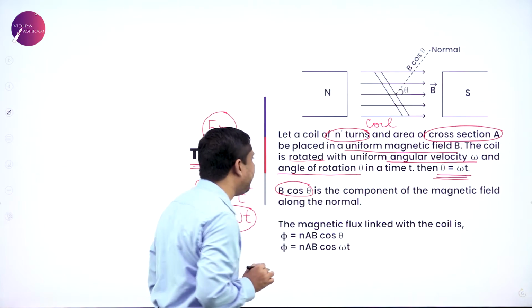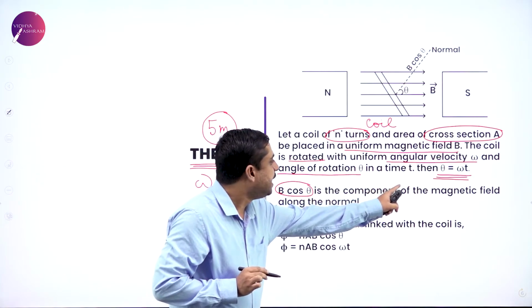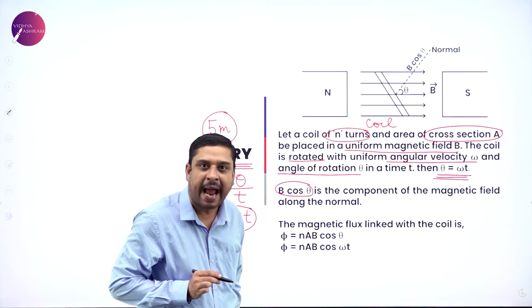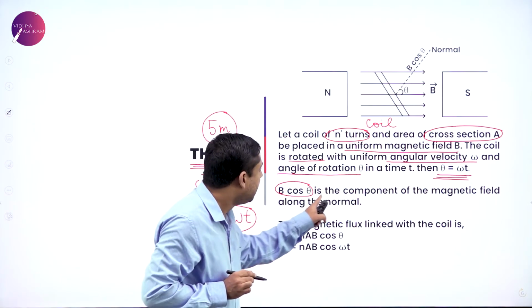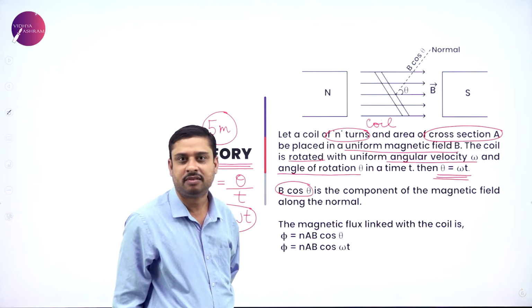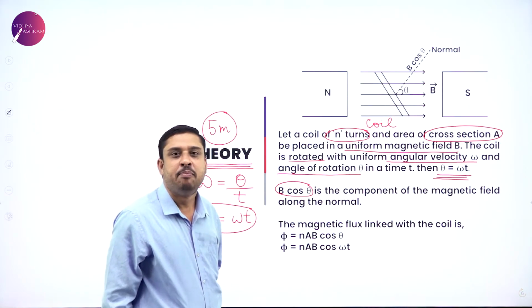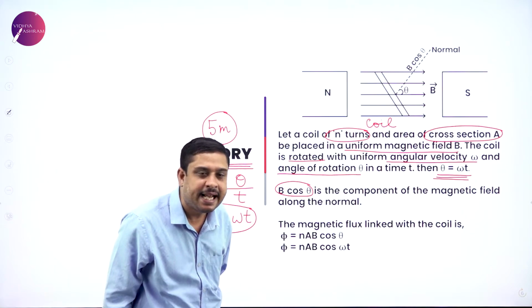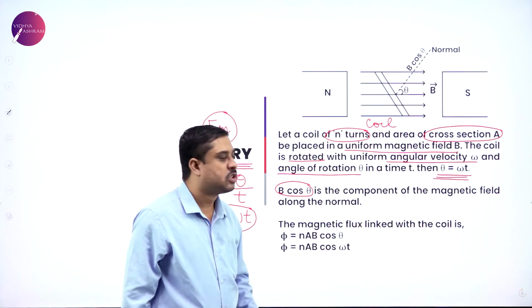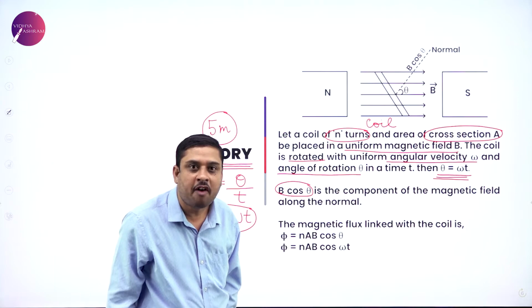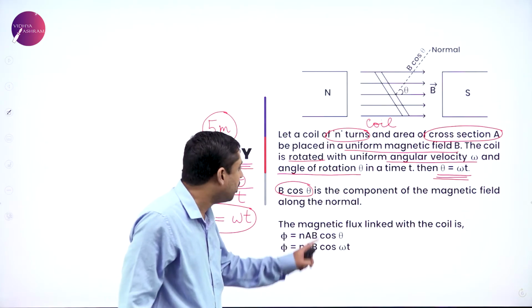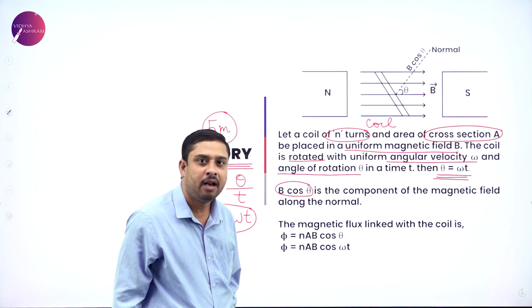B cos theta is the component of the magnetic field along the normal. So what is B cos theta representing? It is the component of the magnetic field along the normal.